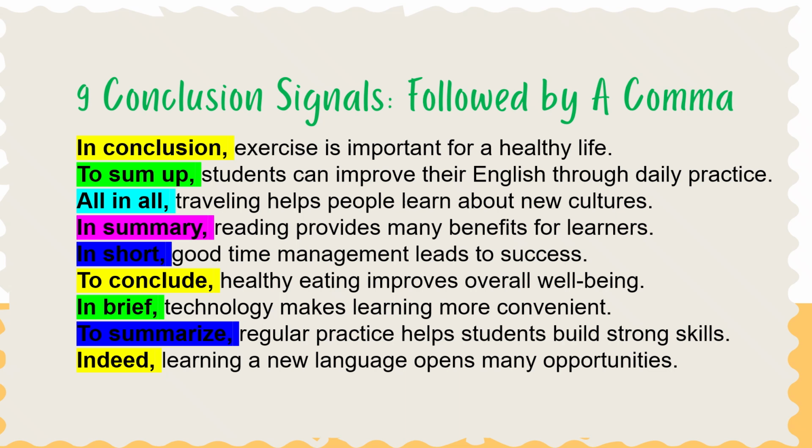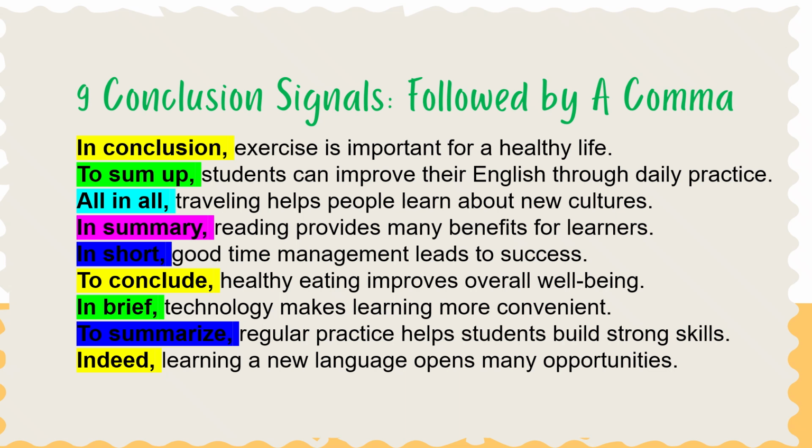So you need to get familiar with these 9 conclusion signals and use them in your writing when you write your concluding sentences. And each time you can choose a different conclusion signal to use, right? You should not always use just one, right? Use in conclusion, in conclusion, in conclusion.